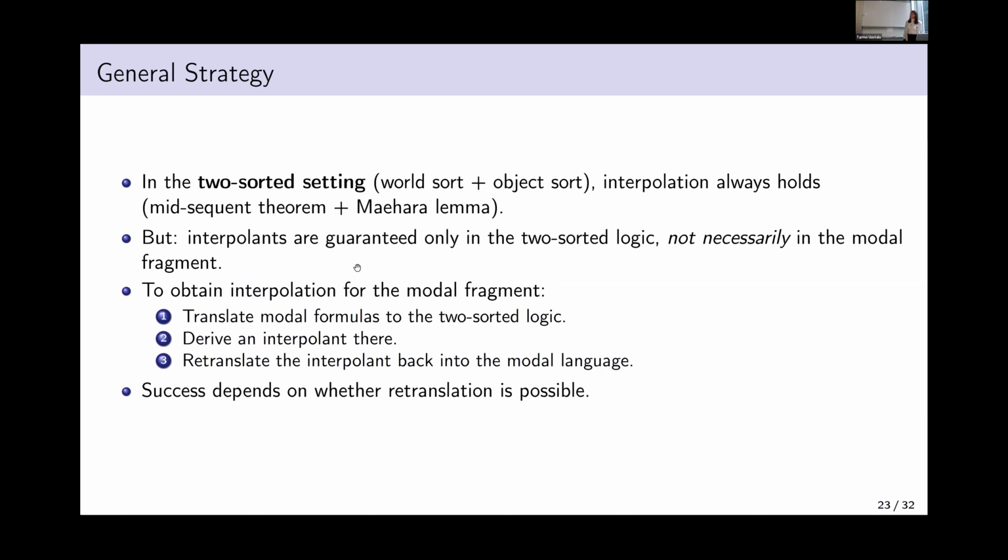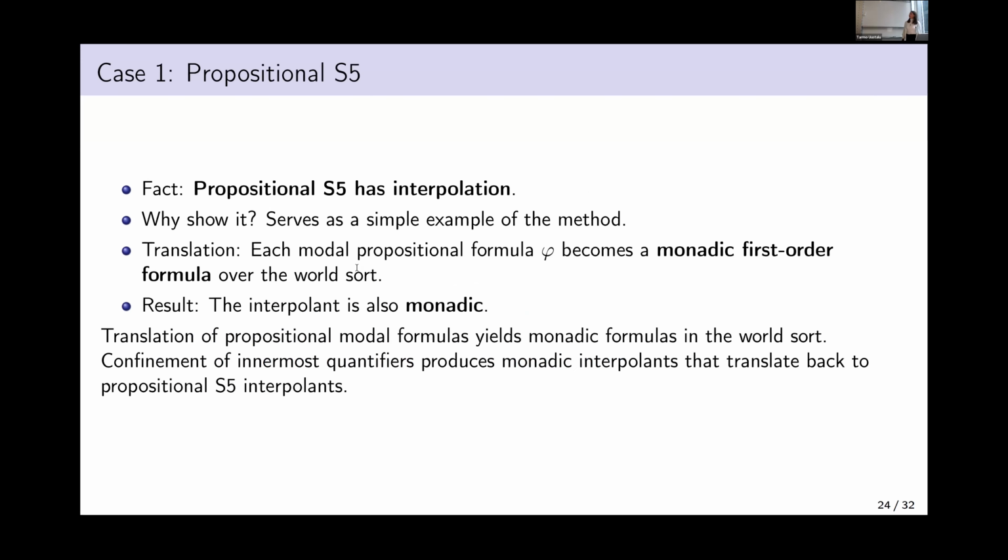So the general strategy we use is we take this two-sorted setting, we have this separation of sorts, we find interpolation there, and then we ask, can we translate it back? If the translation is possible, then we are done.